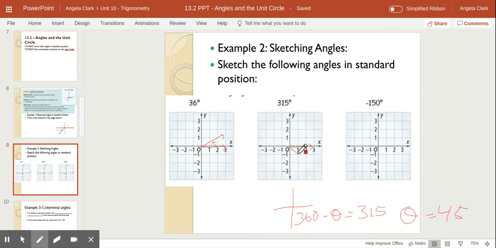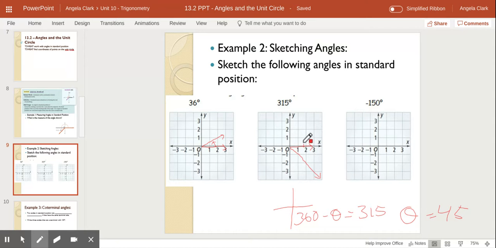I know I'm in quadrant 4 and I know it's a 45-degree angle. So that's going to be this line here. 45 degrees is basically the one where we can be the most specific because it goes right through. It's basically a line with a slope of 1 or -1. In this case, -1.